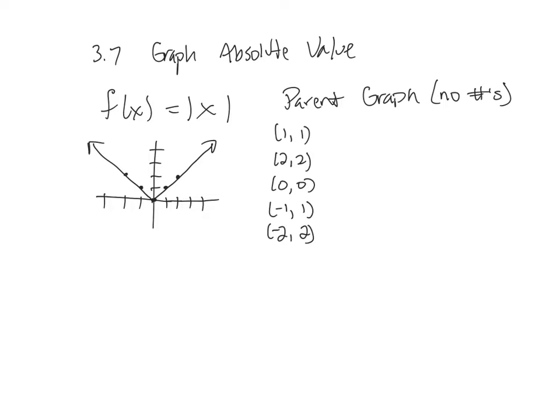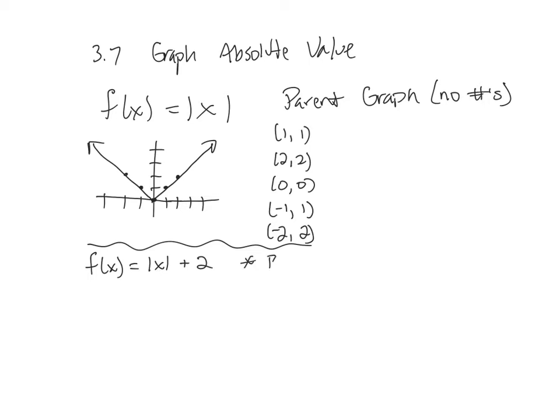That's the starting point. Now, when I put numbers into the problem, it's going to move the graph. So if we did absolute value of x and then plus 2 on the outside, you don't need to do all 5 points like I did up here.